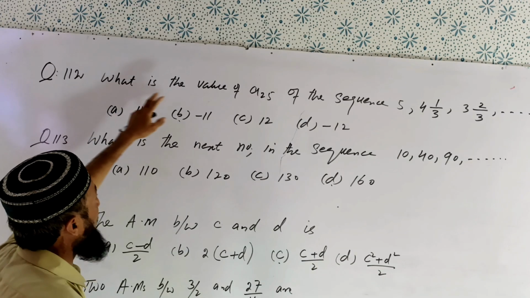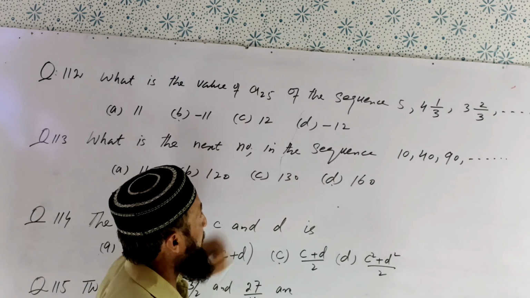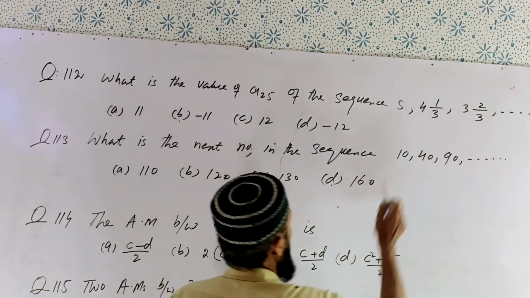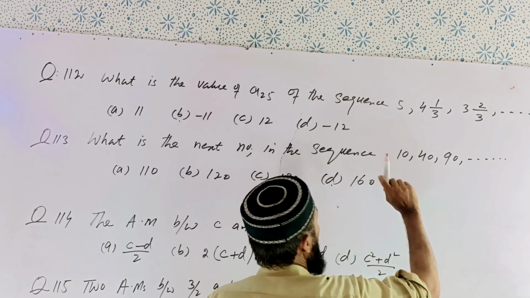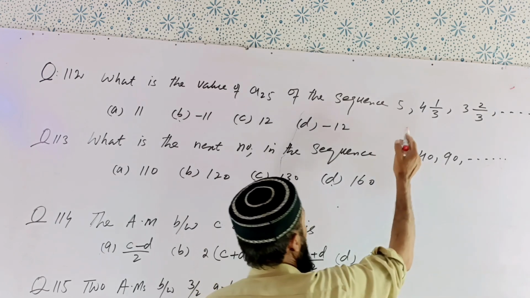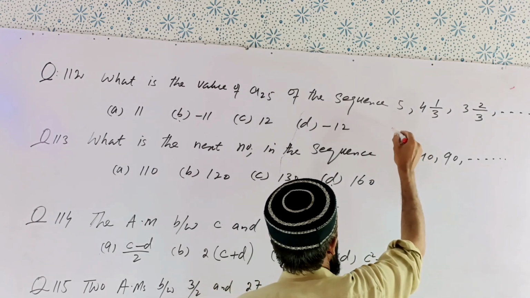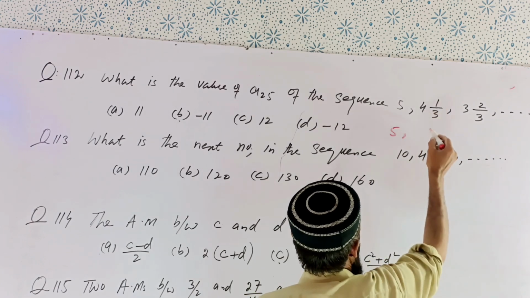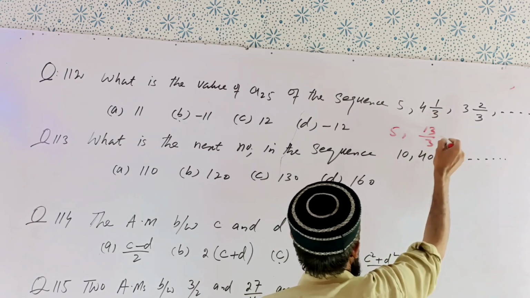C is the correct option. Now the value of a25 is required, and the sequence is given. First of all, we change the numbers. 5 is 4 3 multiplied by 12, 12 plus 1 is 13, so 13 divided by 3.